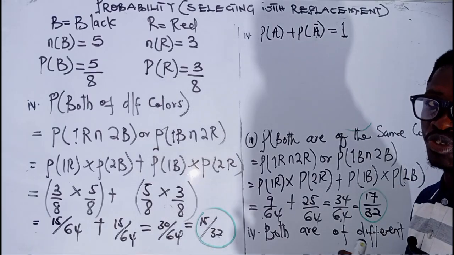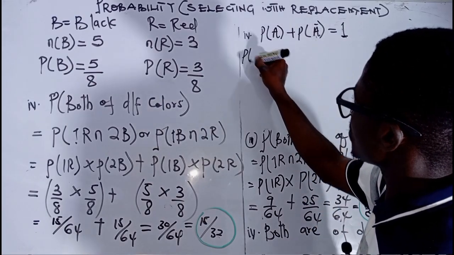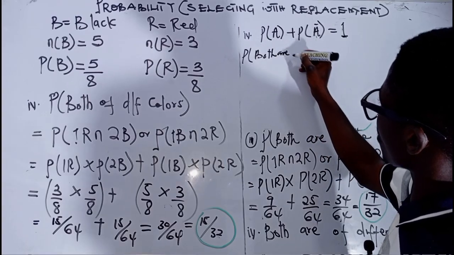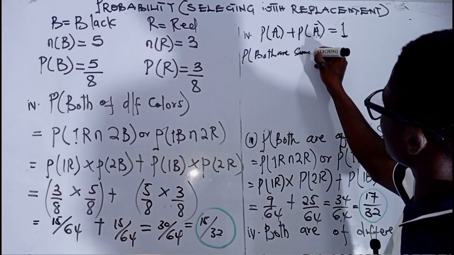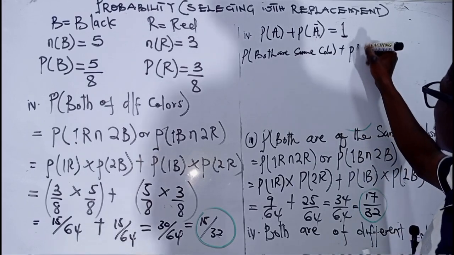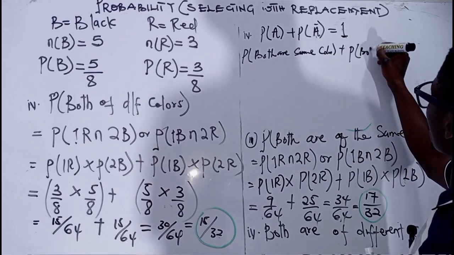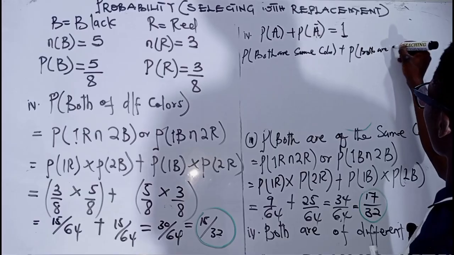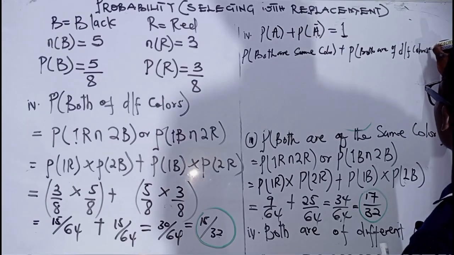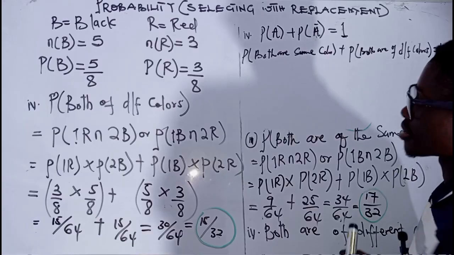From the complementary rule, we can say that the probability that both have the same color plus the probability that both are of different colors should give us what? 1.